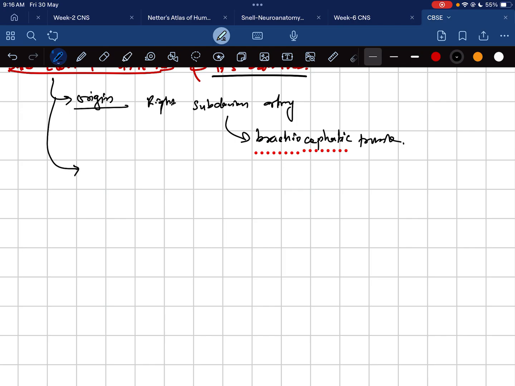And when we look at the origin of the left subclavian artery, it originates directly from the arch of the aorta, in the thorax.